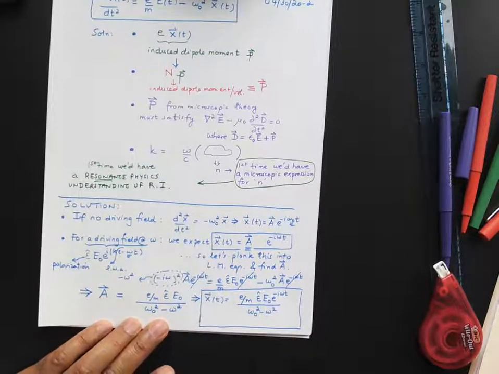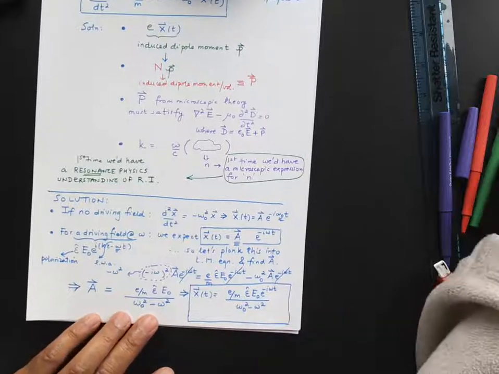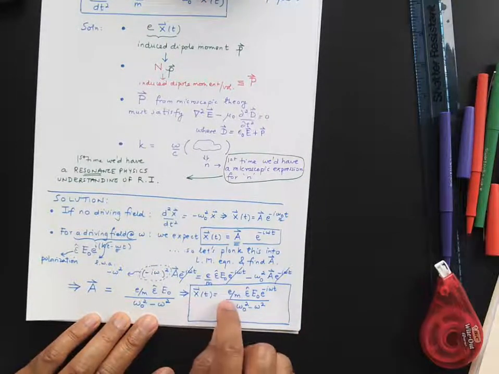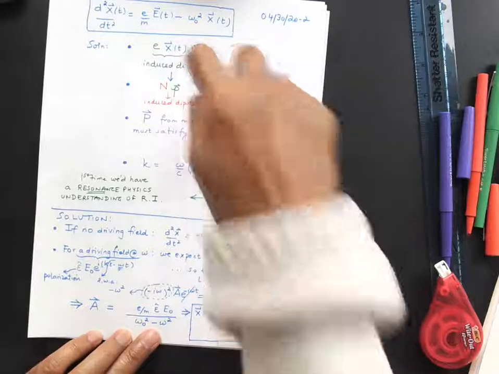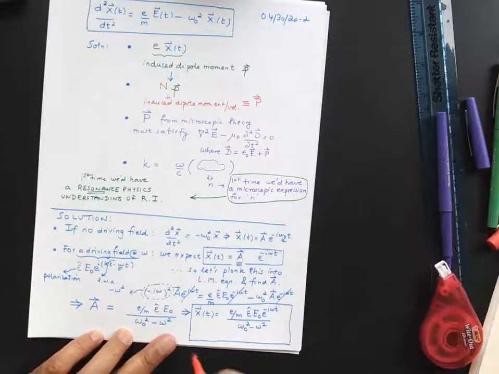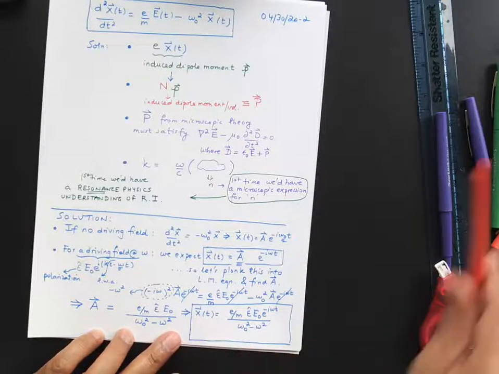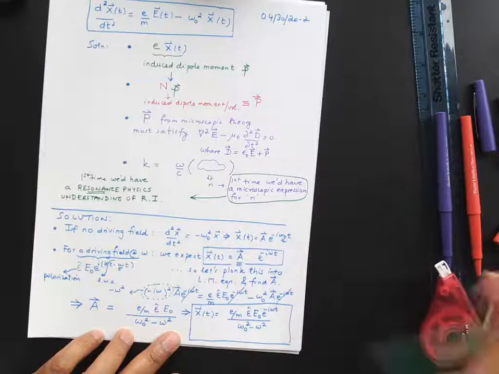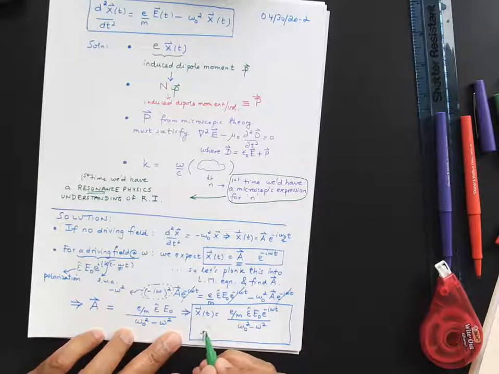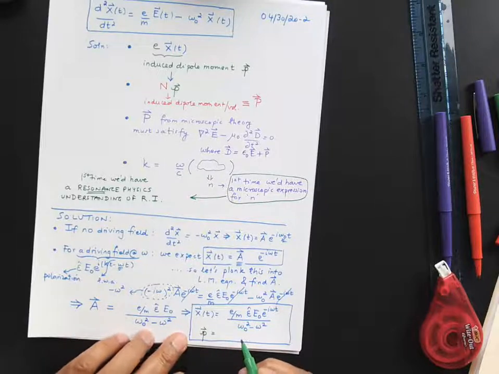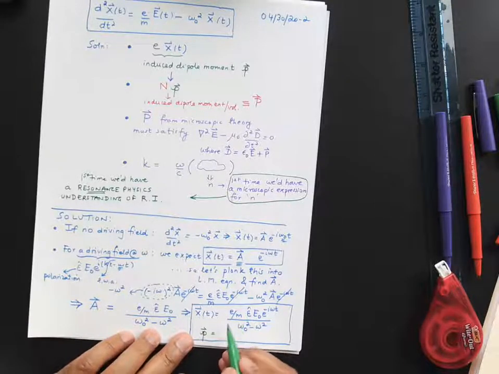And if you multiply both sides with e, as we said here, we can even write that down. We have the induced dipole moment. The induced dipole moment is just e times that.